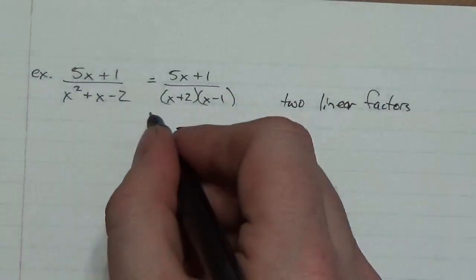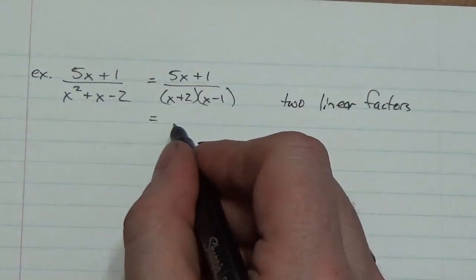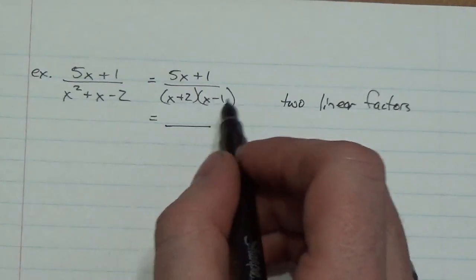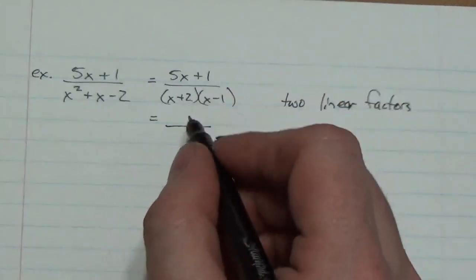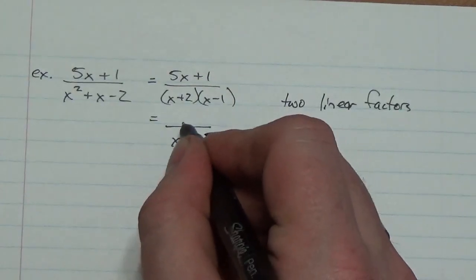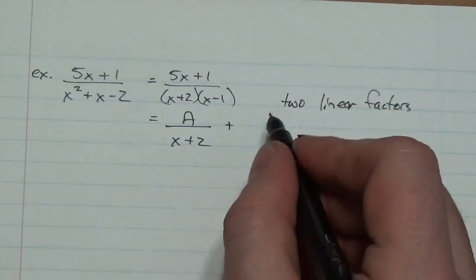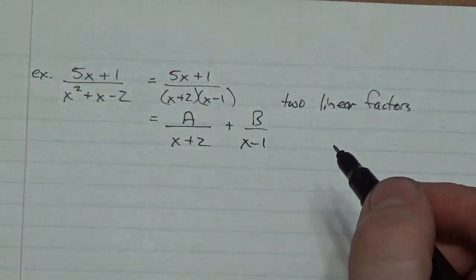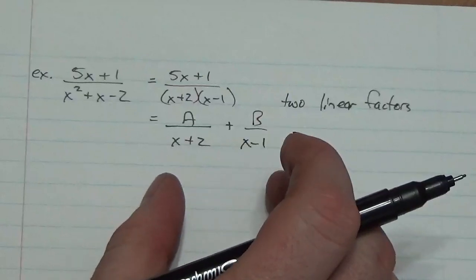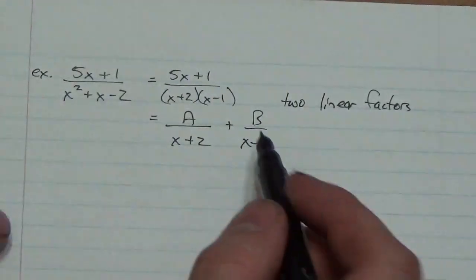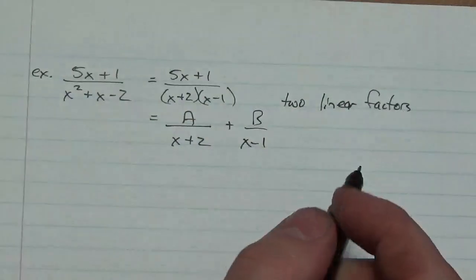When we can do that, then we can write this out as A over x plus 2, plus B over x minus 1. So I'm going to assume that I got to here by multiplying the two denominators together and adding the two numerators together.